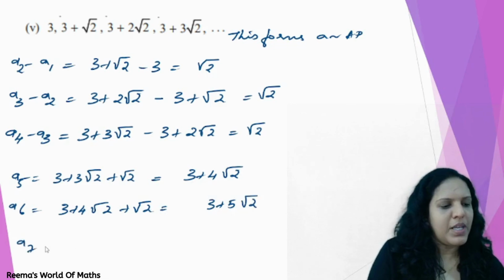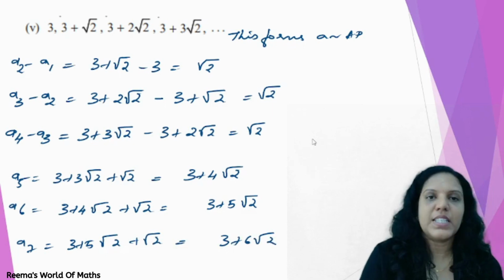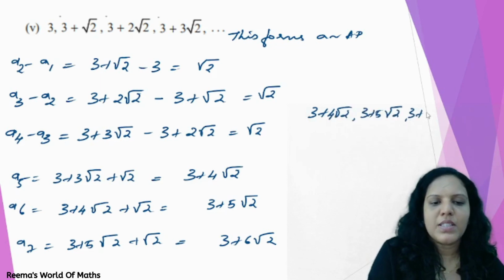A7 will be 3 plus 5 root 2 plus root 2, which equals 3 plus 6 root 2. So the next three terms of this AP are 3 plus 4 root 2, 3 plus 5 root 2 and 3 plus 6 root 2.